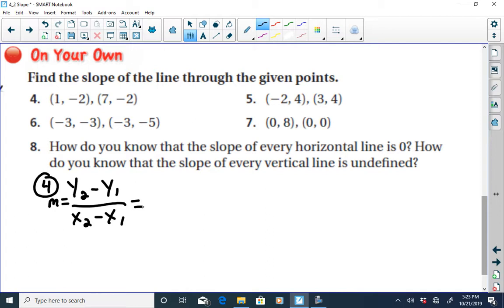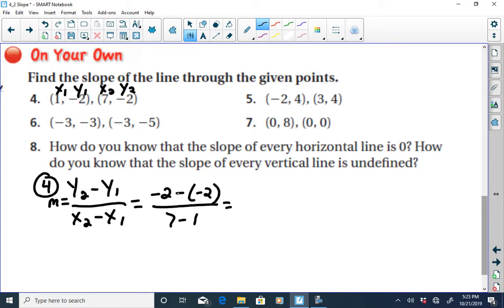We substitute our values, right? And I always like to do this: x1, y1, x2, y2, just so I know what I'm substituting. y2 minus y1 is going to be -2 minus -2 in the numerator, and in the denominator, x2 minus x1 is going to be 7 minus 1.